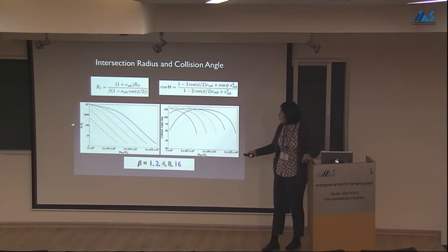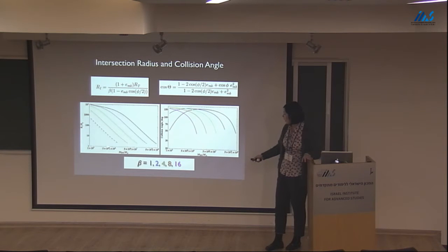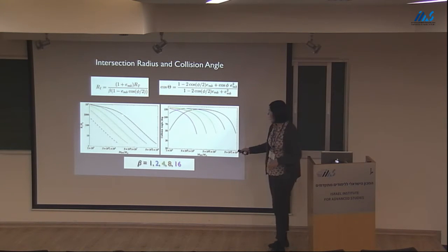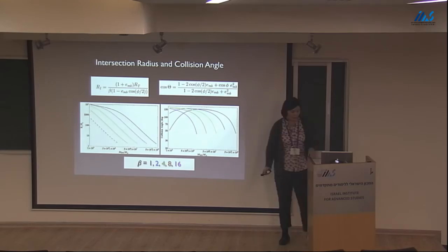Here I'm plotting the interception radius in gravitational units, and the x-axis is the mass of the supermassive black hole. The black curve is for beta equals 1 encounters, and these are for higher and higher beta encounters. As you can see, and it's the same as your intuition, if you keep the same mass but increase beta, then you would find the intersection collision angle changes.